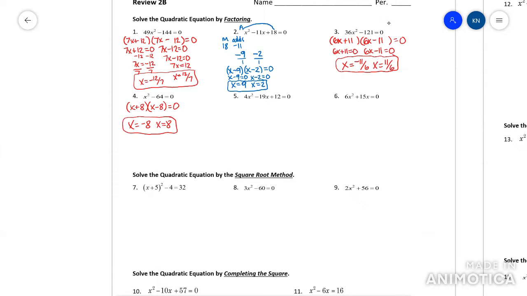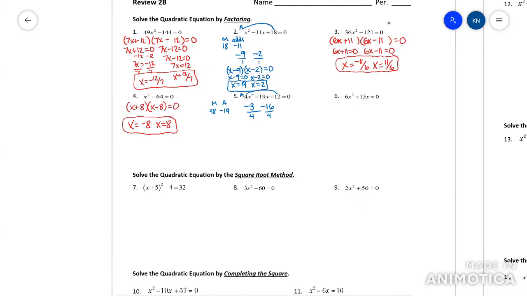This next one is a rainbow combo. So you're looking for two numbers that multiply to be 48 and add to be negative 19. The combo of numbers you're looking for is negative 3 and negative 16. Put them over your a value, which was 4.